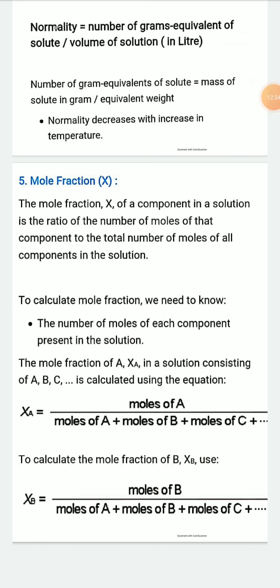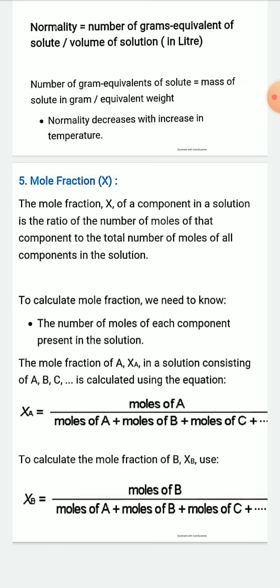So mole fraction of a component is equal to number of moles of that component divided by total number of moles present in the solution.